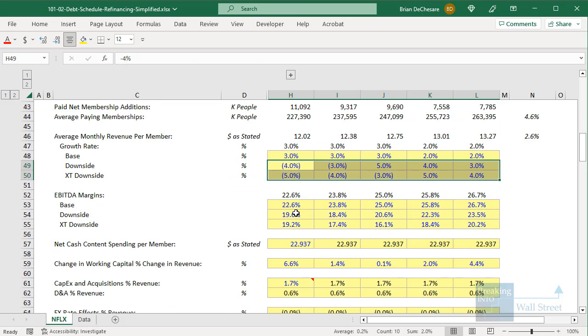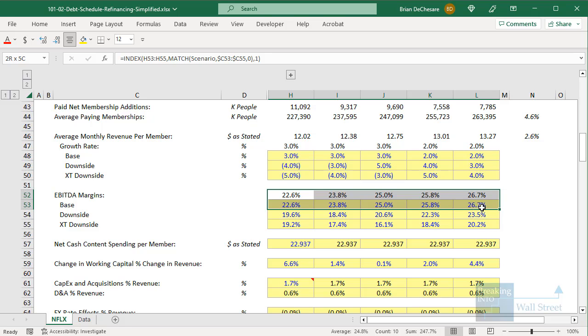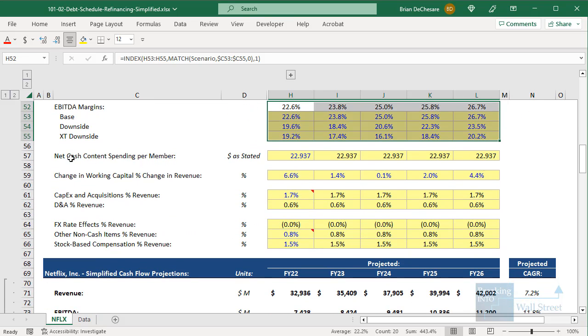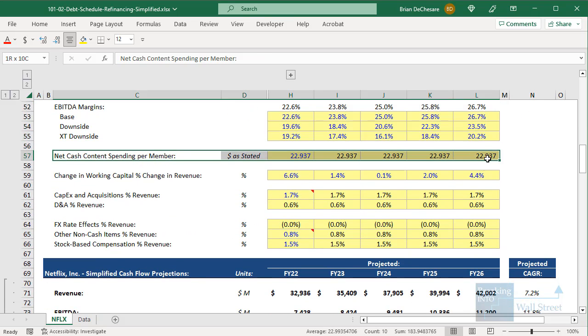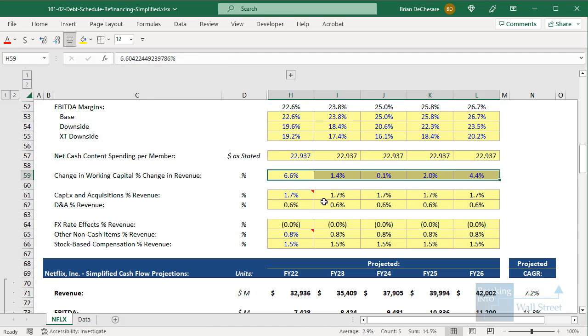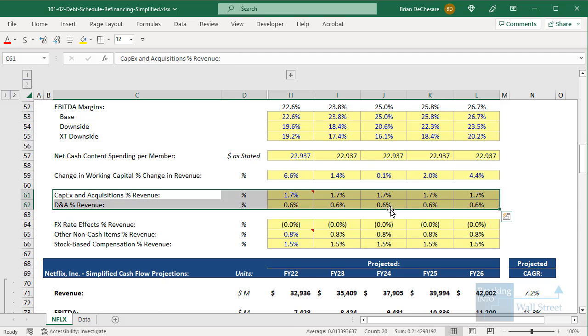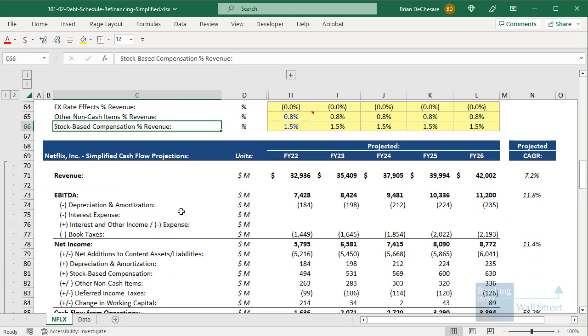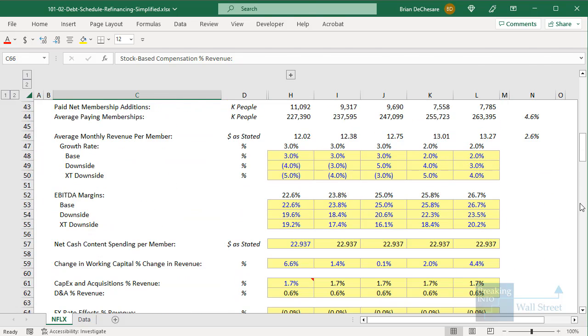The EBITDA margins also tend to be highest in the base case and somewhat lower in the downside and extreme downside cases. And then we also have assumptions for how much they're spending on content per member and the change in working capital, CapEx, acquisitions, D&A, and all the other normal line items that you'd expect on the financial statements.